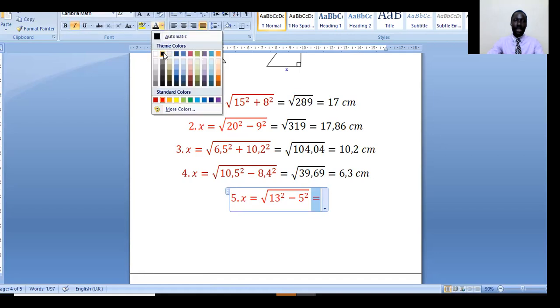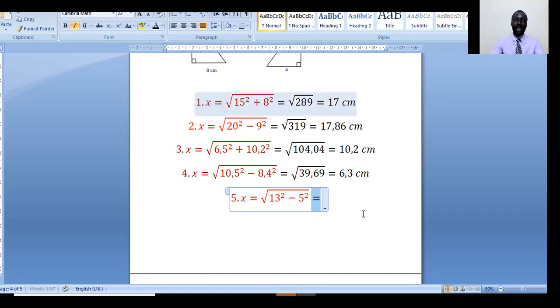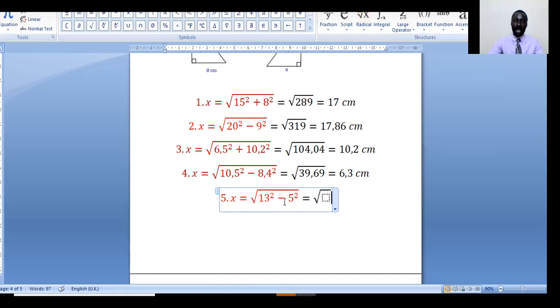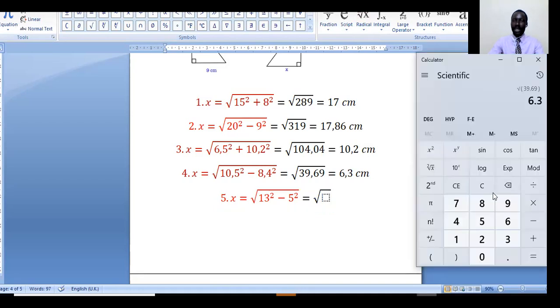And so what is this going to be? Well, this is going to be the square root of, what is 13 squared minus 5 squared? We use a calculator for that, so that we get 13 squared. Now notice that 13 squared is 169, but from it we have to subtract 5 squared, which is 25.